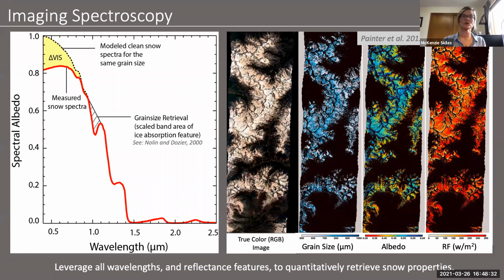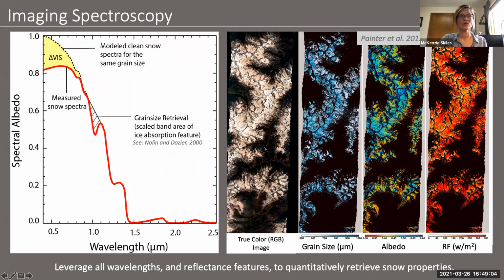We don't have to rely on band ratios or libraries of end member reflectances. We can actually leverage, for example, the depth of this ice absorption feature and relate it to grain size. Then we can take that grain size and run through a similar process that I just talked about, where we can model a clean snow reflectance, compare it to the measured snow spectra to get change in visible albedo and radiative forcing.